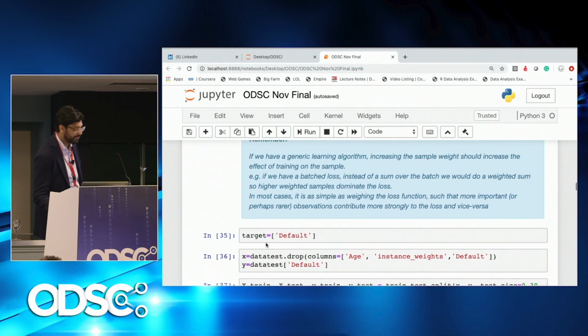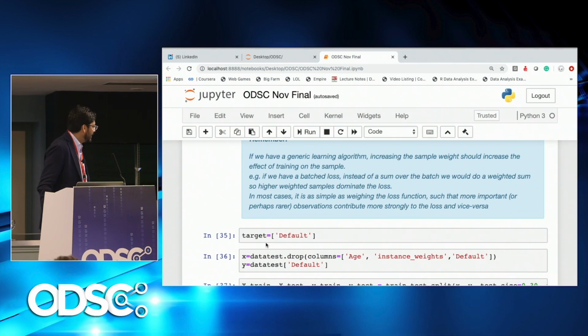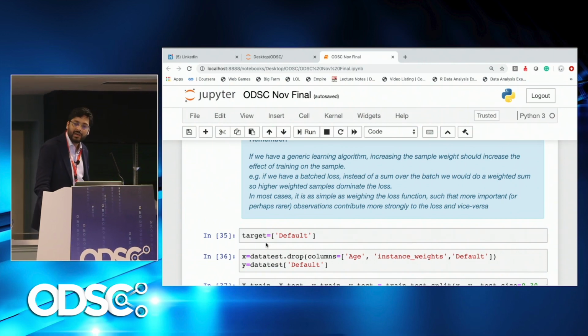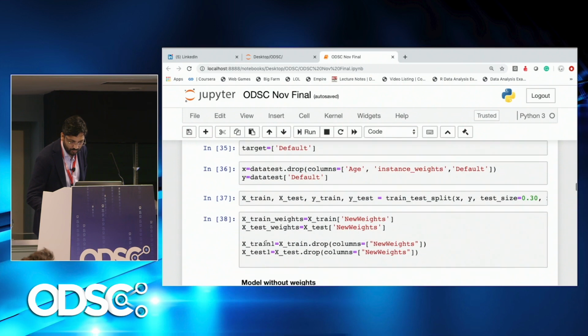Right? We talked about this, I guess. In a generic machine learning algorithm, increasing sample weight should increase the effect of training on the sample. That is, when you have a loss function, it will penalize the loss function with higher weight and vice versa. Now this is what we are doing.